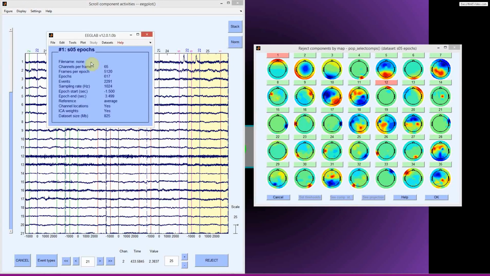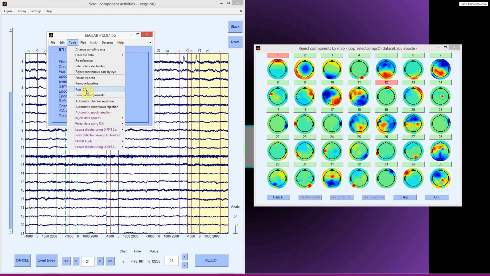Let's see. So now I've marked a few components, and you can go through these, and these are also components that are suspicious, but now these are getting to be pretty late, so I might not remove these.